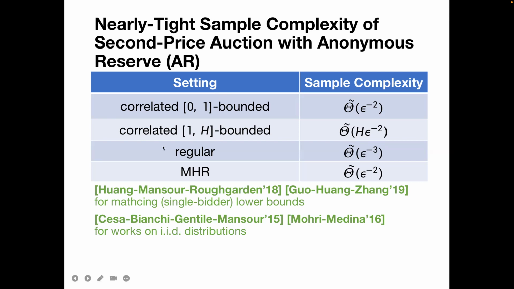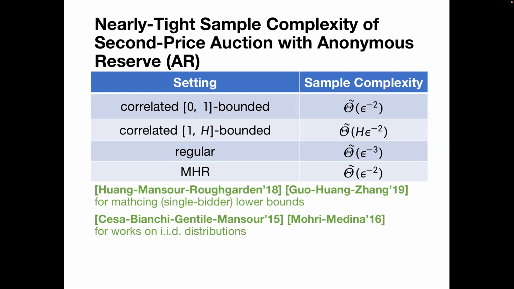But for the regular setting and the MHR setting, because the regularity and the MHR assumptions themselves assume independent values, for these two settings our algorithm just works for independent values.